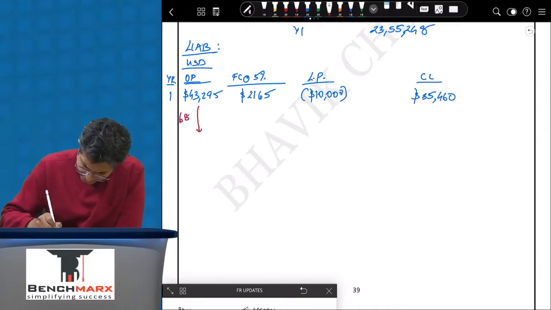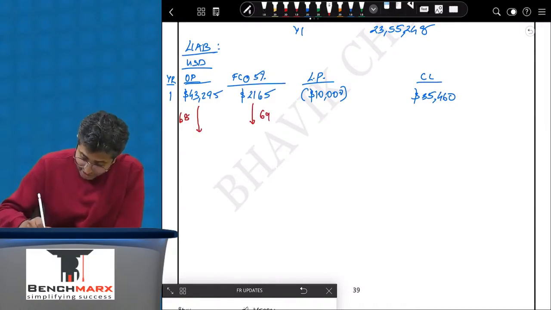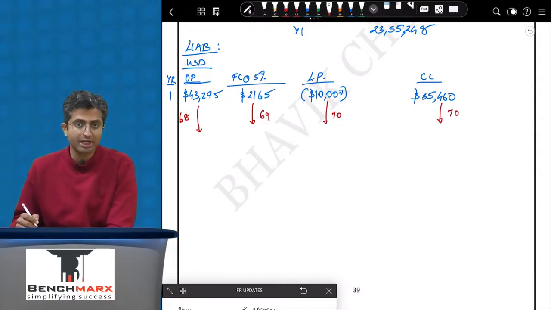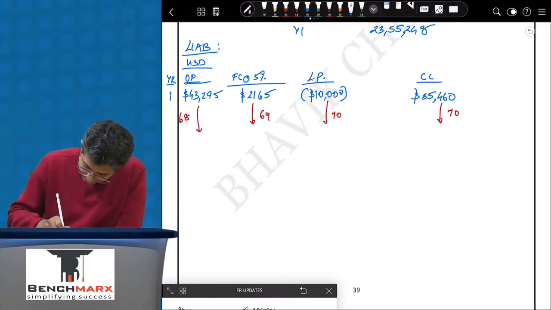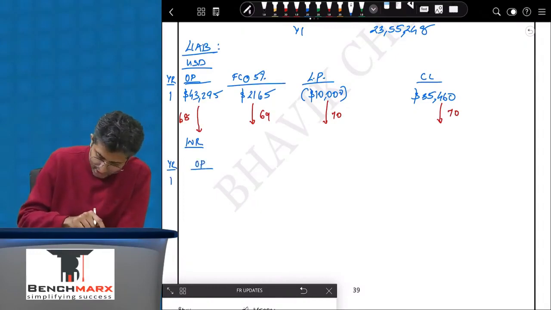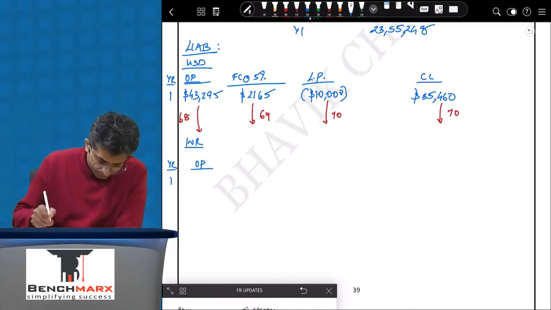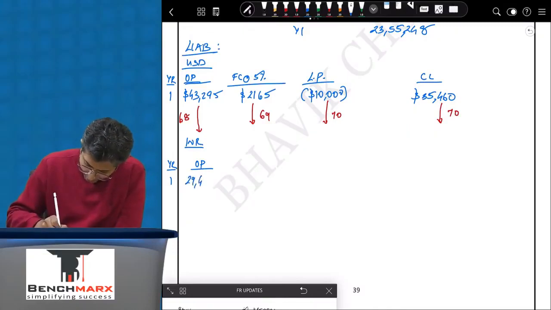You will convert each of these items at the respective rate. So the opening will be converted at 68 per dollar. The finance cost is throughout the year, and hence at the average rate, that is 69. The payment is made on the last day, that is 70, and being a monetary item, the closing balance will also be converted at the rate of 70. So if we look at the balances in INR, for year 1 the opening balance in INR is 43,295 into 68, 29,44,060.